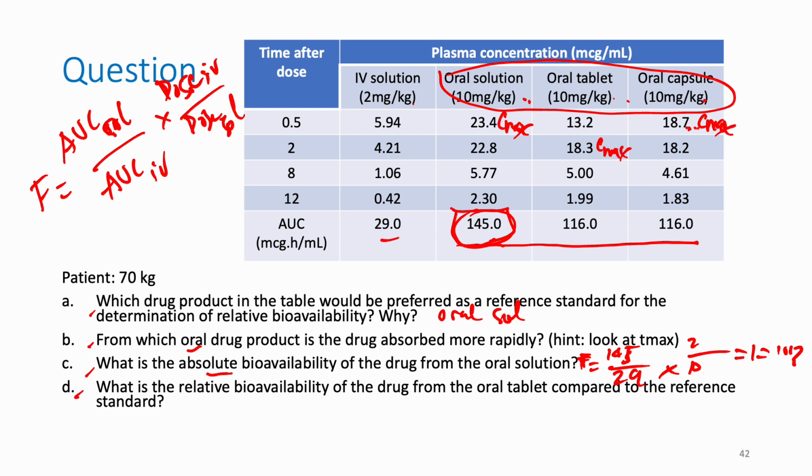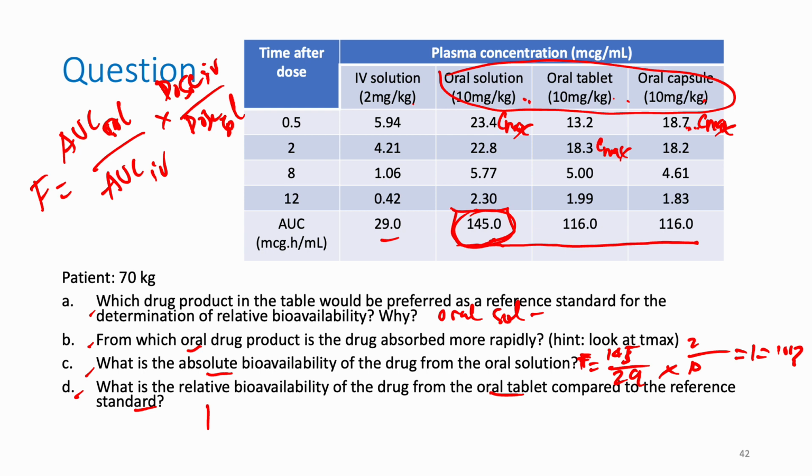Question D. What is the relative bioavailability of the drug from the oral tablet compared to the reference standard? In the previous question, we selected the oral solution as the reference standard. So now we compare the oral tablet to the oral solution.